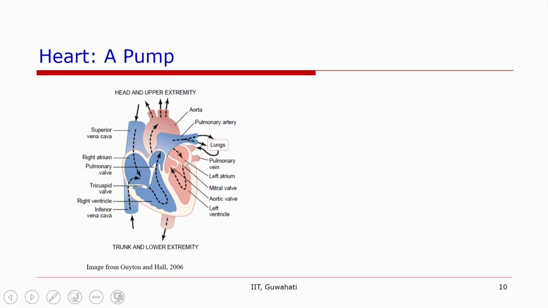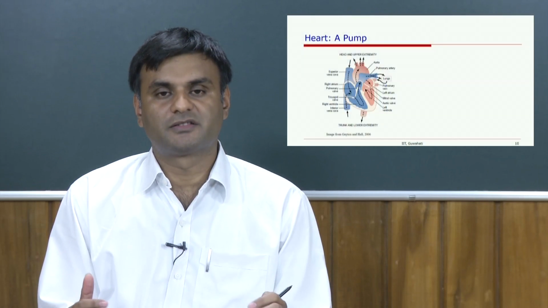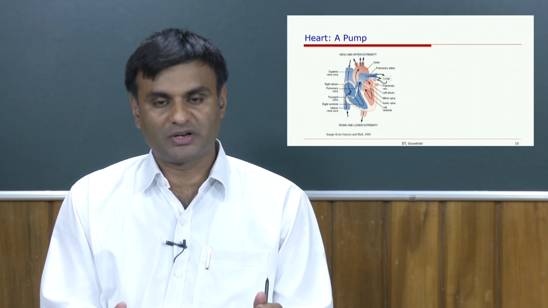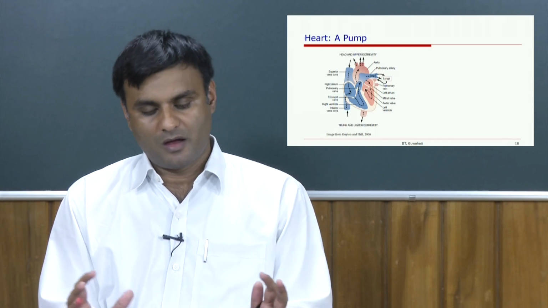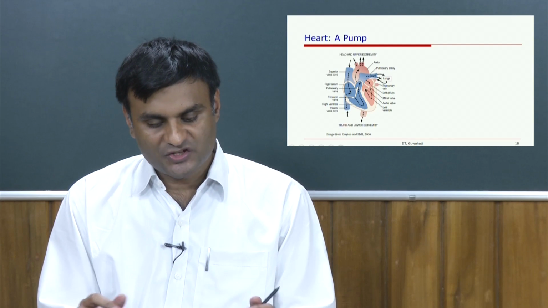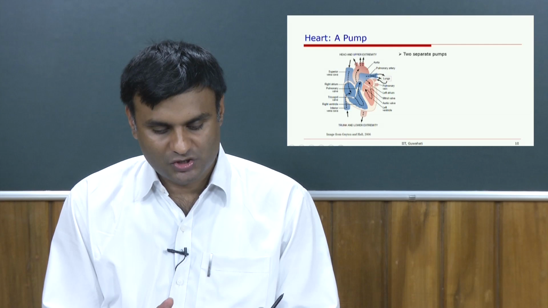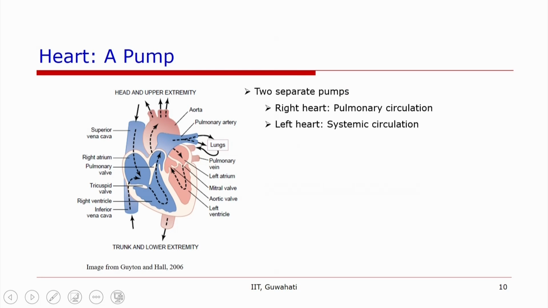So, as we discussed at the start, there are three components of the cardiovascular system: a pump. This pump has two separate pumps in series.